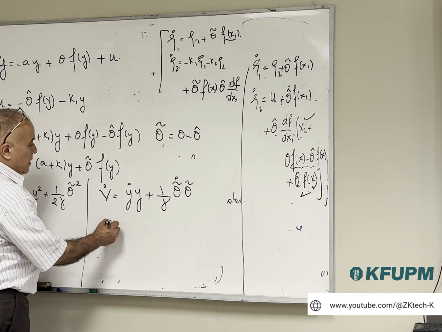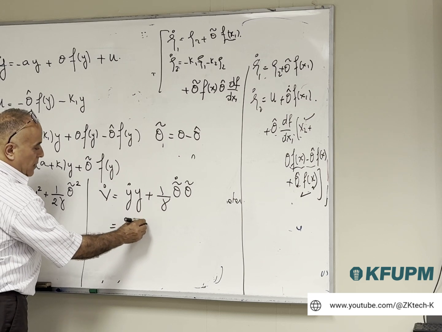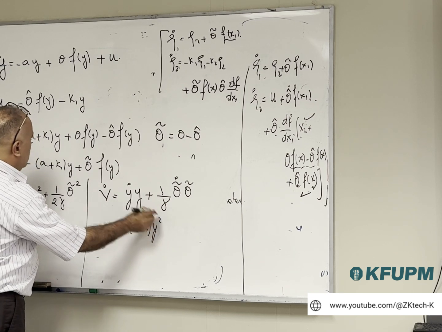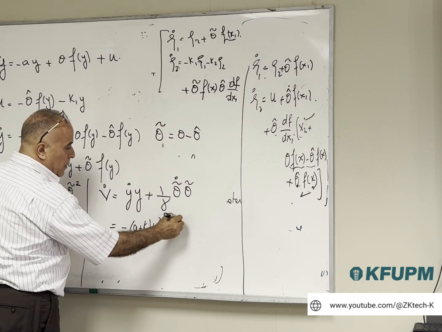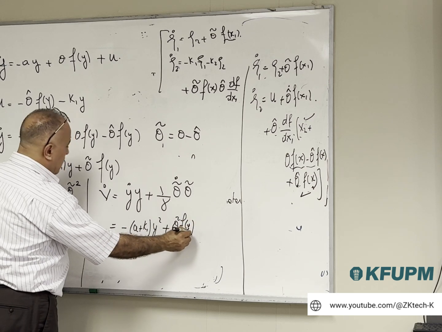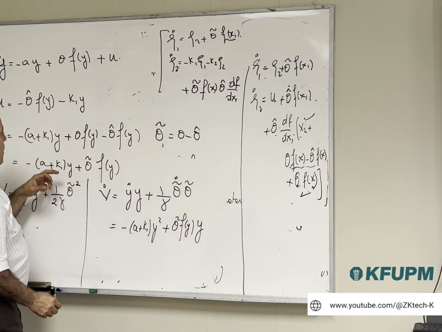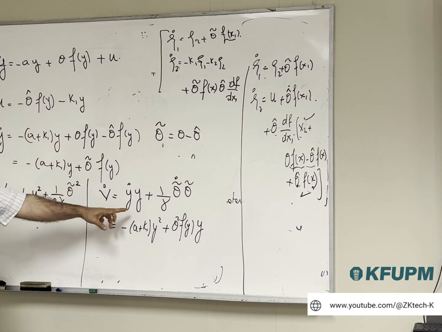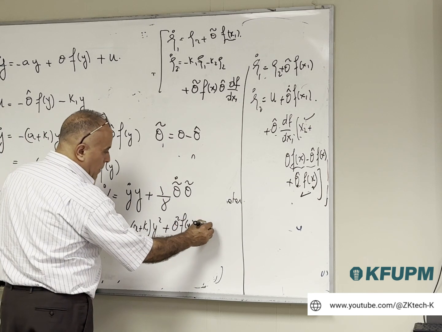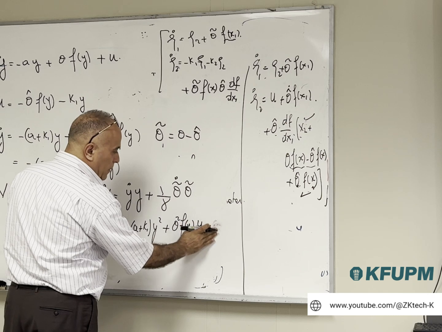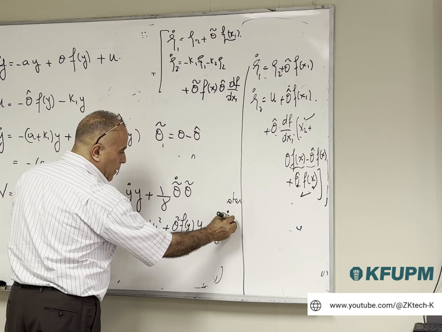So we replace this y prime by its value, so this is minus a plus k1 multiplied by y squared, so y times y, plus theta tilde times f of y multiplied by y, right? So y multiplied by y prime, plus 1 over gamma theta tilde prime multiplied by theta tilde.